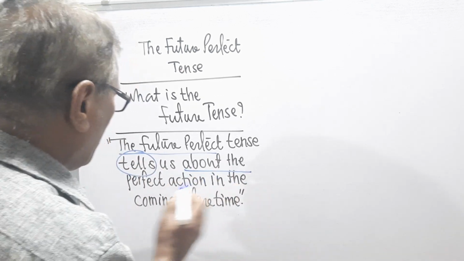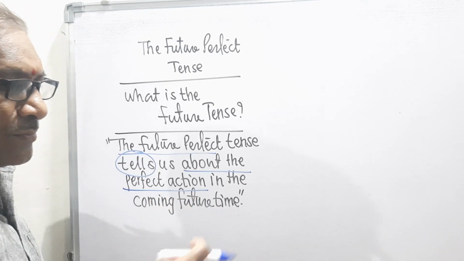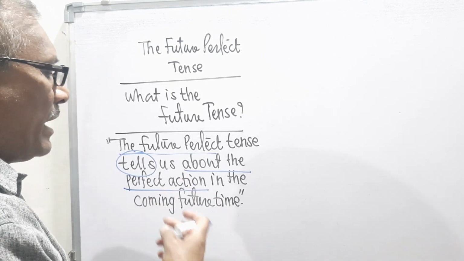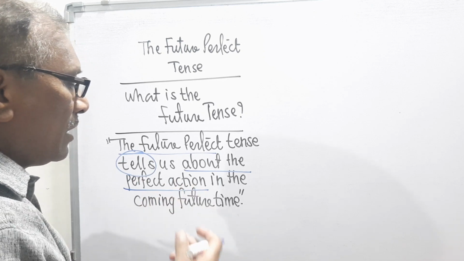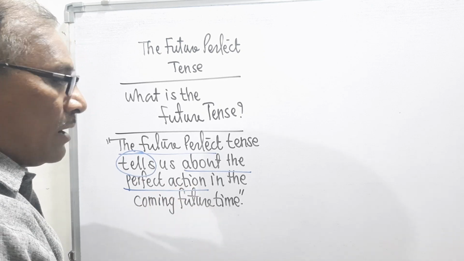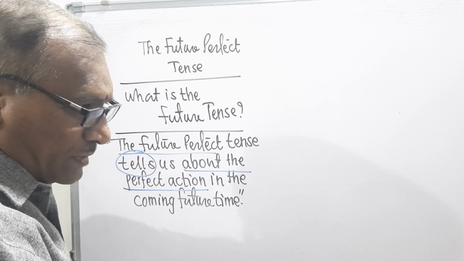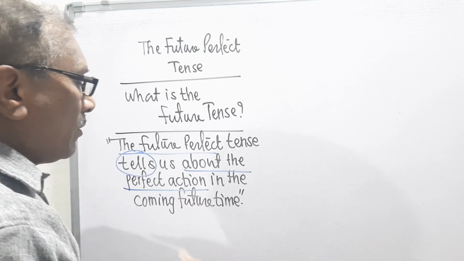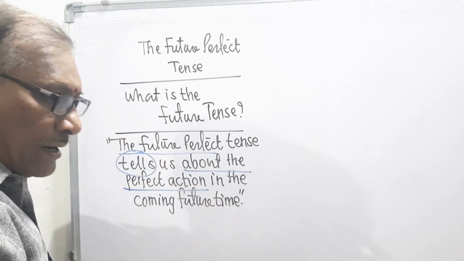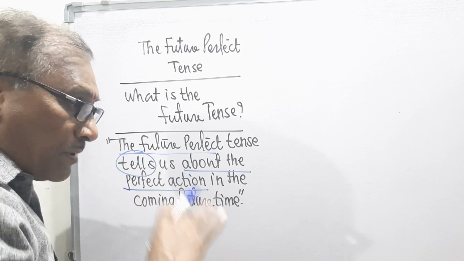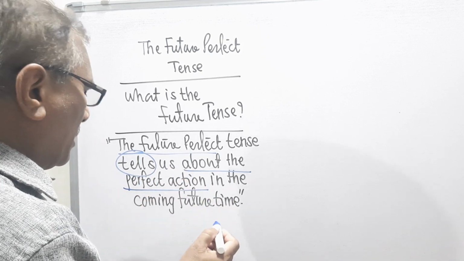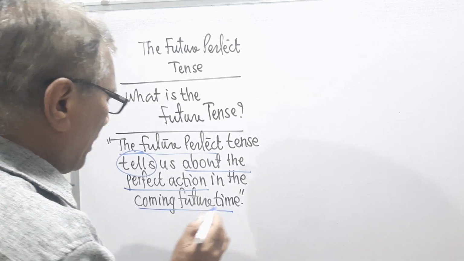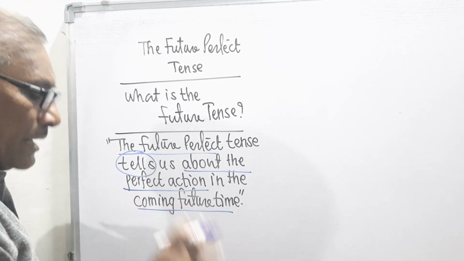about the perfect action. Perfect action means the action is perfect, means the action will happen perfectly, means the action will be there in the completed sense. That is called the perfect action, and that action will be in the coming future time.